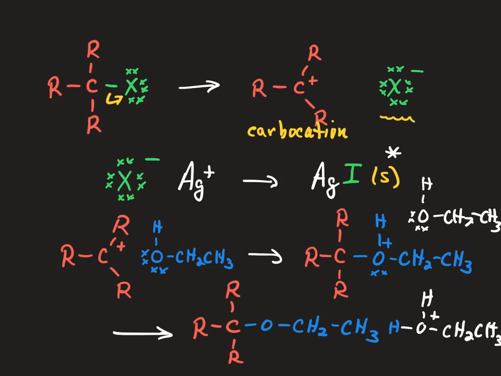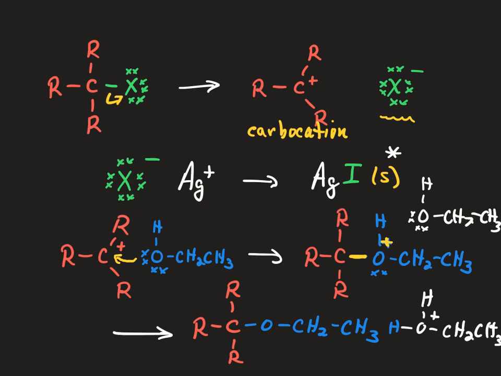Now, that doesn't complete the reaction, right? We've still got our carbocation hanging out there. So our ethanol will act as nucleophile, attack that carbocation, which creates that new bond but leaves the ethanol positively charged.